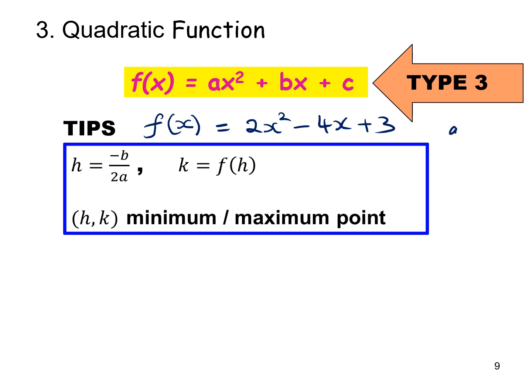You take out what is a, what is b, what is c. Then we substitute all these values into the formula. To find h, we use -b over 2a. This is the formula to find h. And then k equals f(h). So you have to find h first in order to find k. After that you will find the minimum or maximum point for this quadratic function.